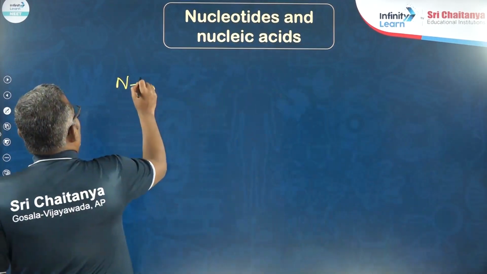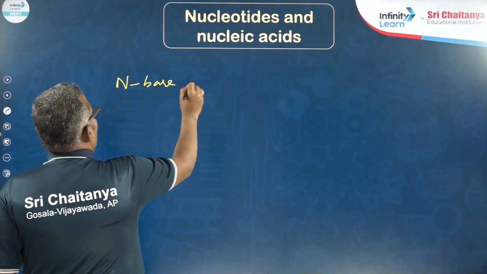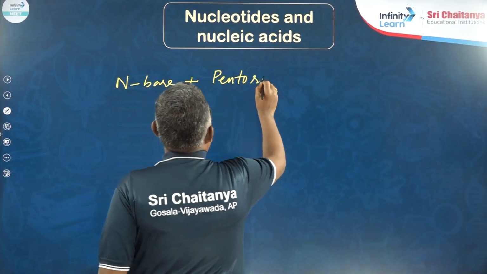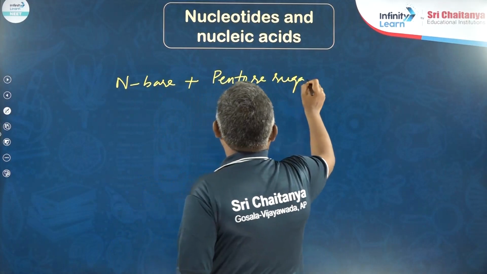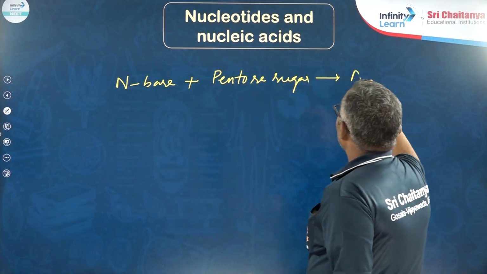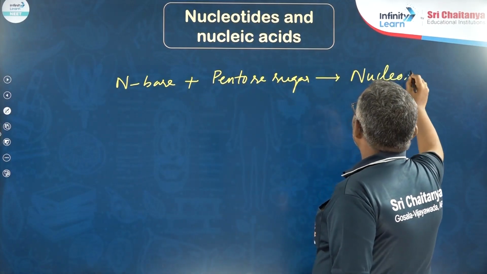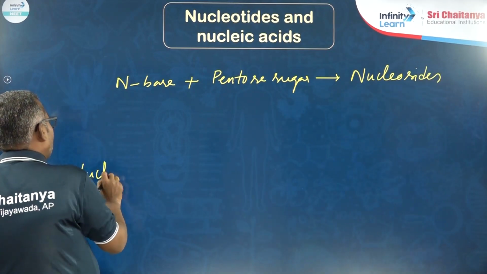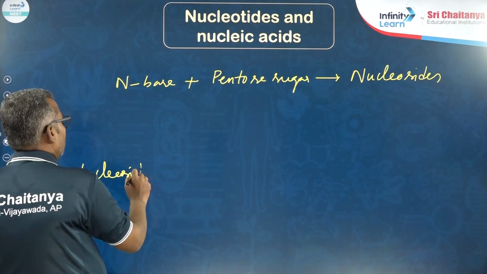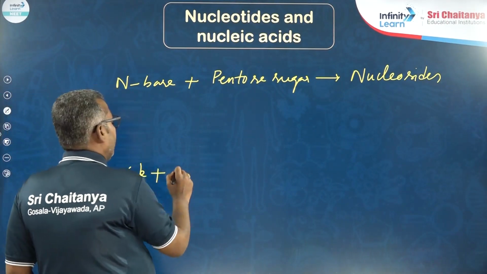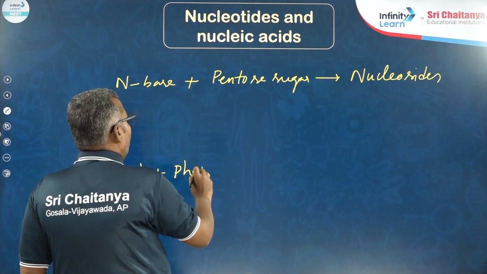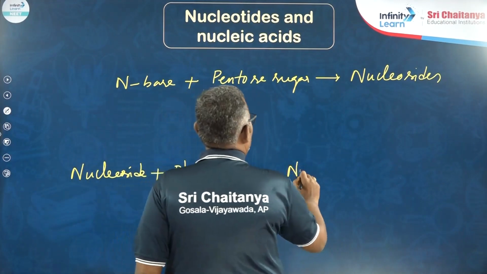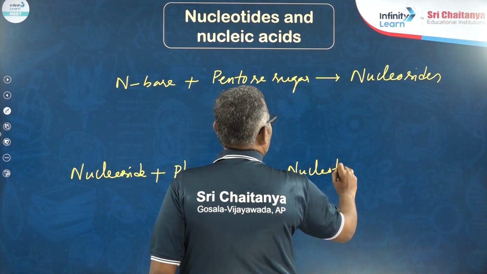When a nitrogen base joins with pentose sugar, it gives a nucleoside. When a nucleoside joins with phosphate or phosphoric acid, then it gives a nucleotide.